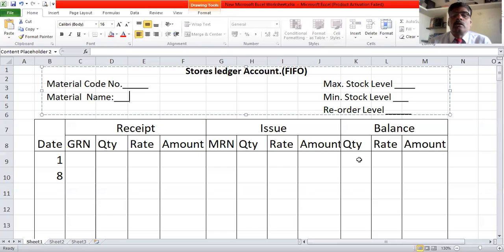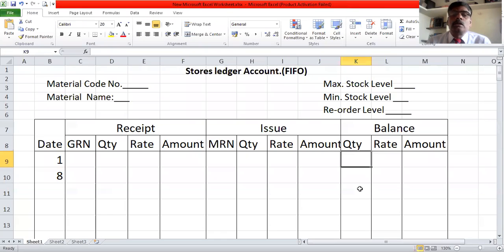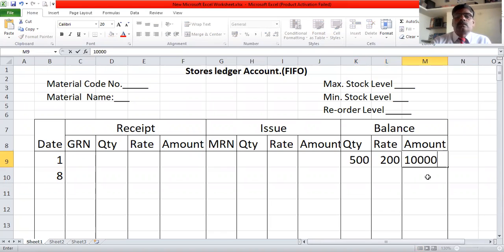You directly record it in the opening stock, putting a dash in the remaining columns. Opening stock is 500 units, rate is 200 rupees. You multiply these two, amount is 1 lakh. Okay, this is the opening balance.